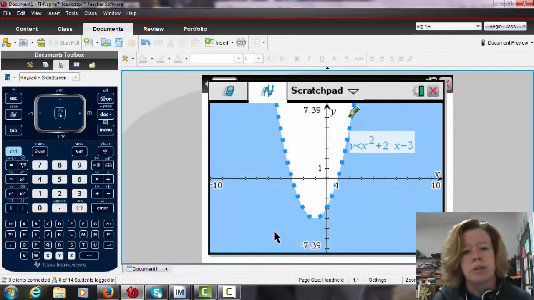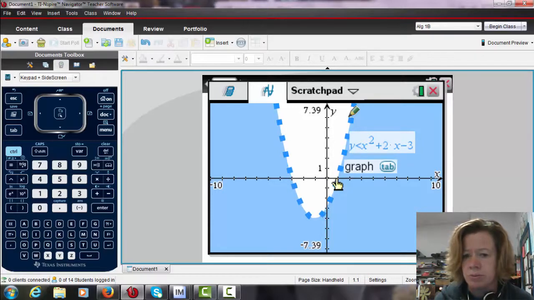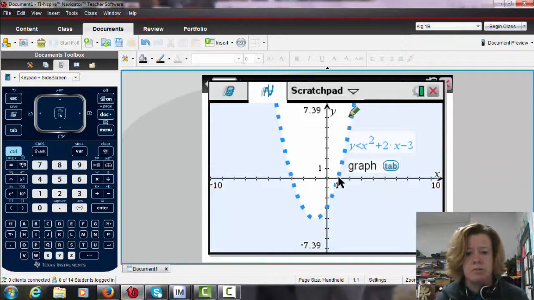That's not really what we care about right now. What we care about right now are those critical points. When we solved this algebraically, we got x equals -3, which it appears to have right there, and x equals 1, which appears to be here. And notice the shading is outside of those critical points. I've shaded out here, and I shaded out here.